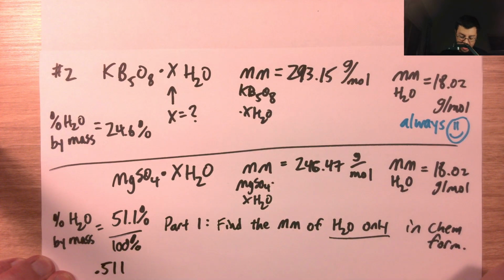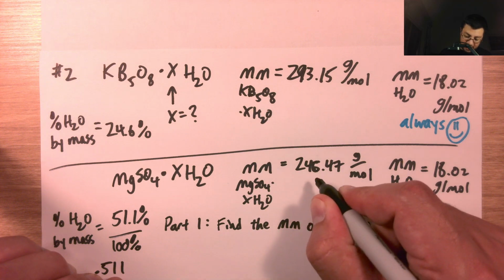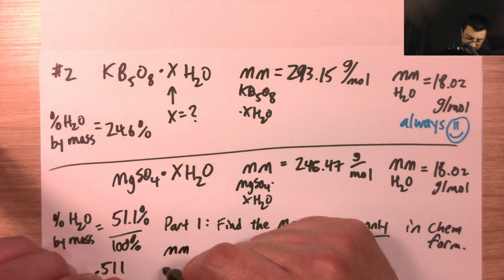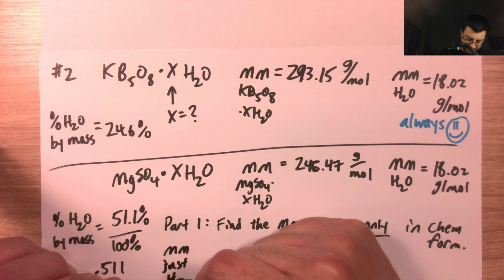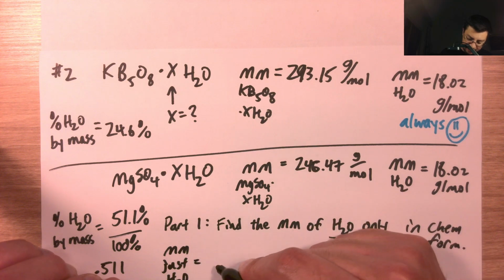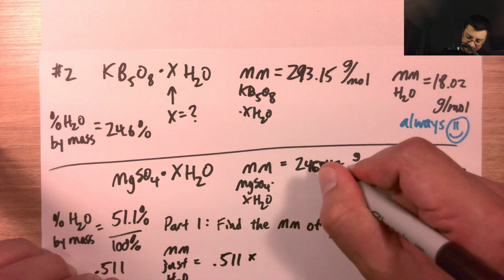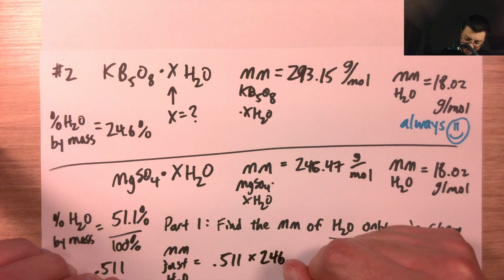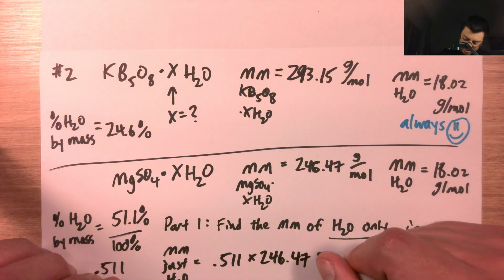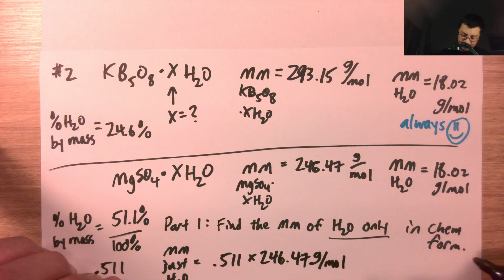All right, so to get the molar mass of just waters, I'm going to do 0.511 times 246.47 grams per mole.